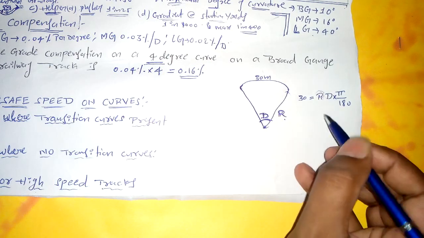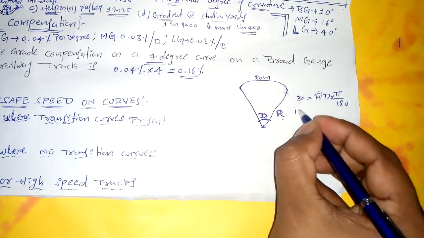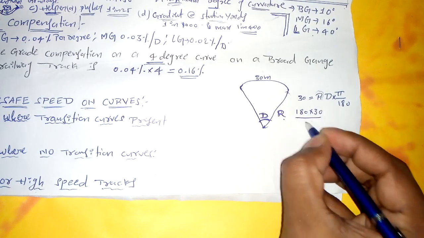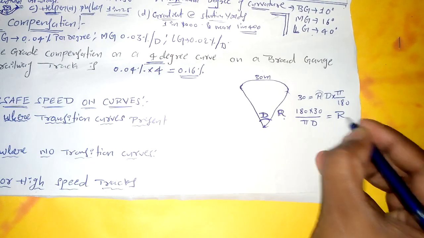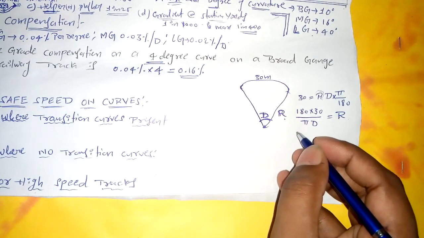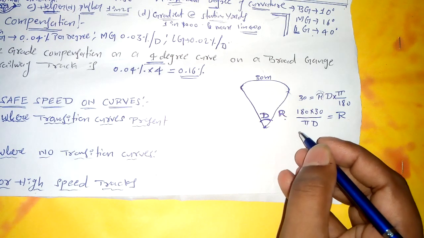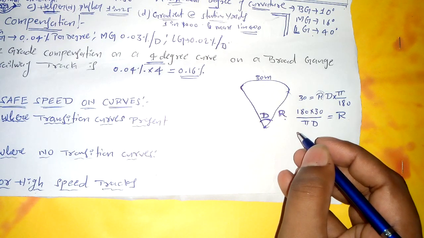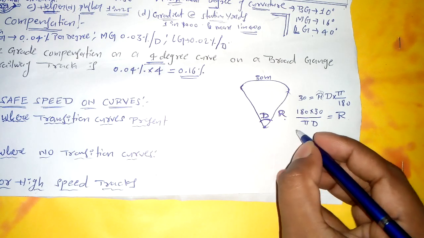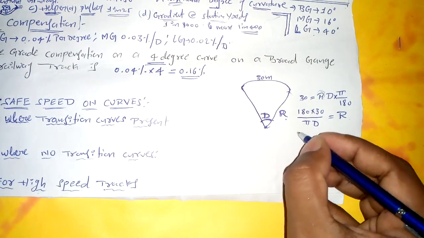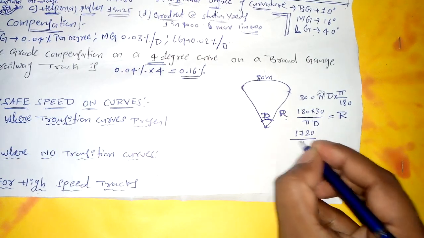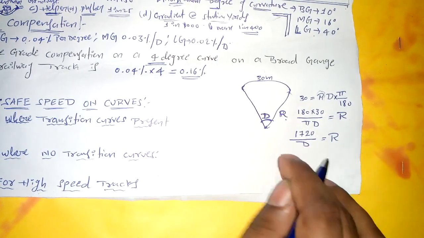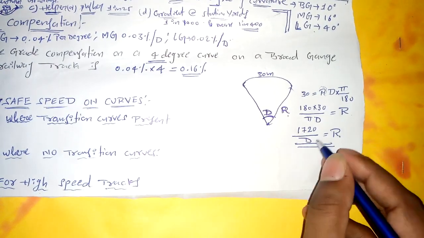So radius equal to 180 into 30 by pi D, which essentially gives 1718.8 by D. Approximately it can be taken as 1720 by D. So this is the relation for radius and the degree of the curve.